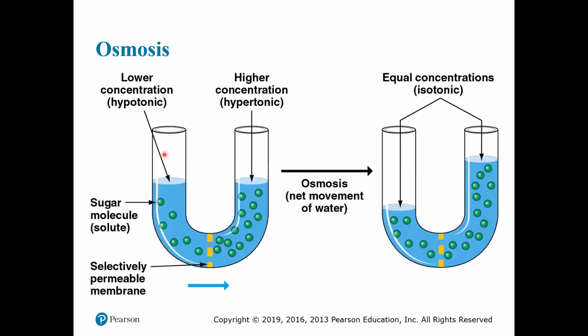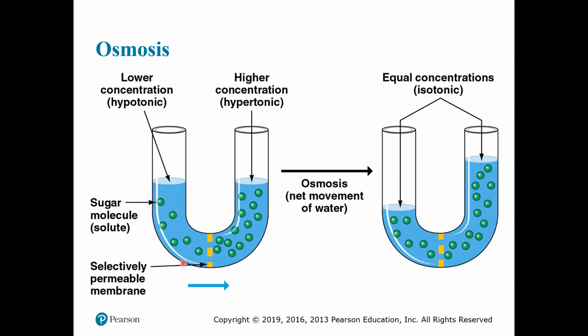So here we have an example of the process of osmosis. We have a U-shaped beaker with a selectively permeable membrane, and that membrane only allows water to move across that membrane surface. You have sugar molecules in this example, which are the green molecules. That is our solute.